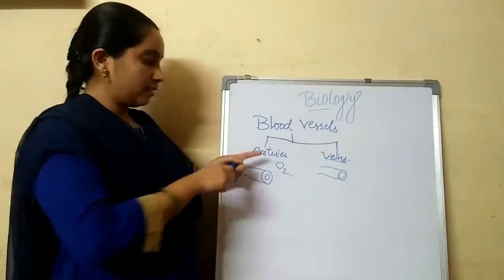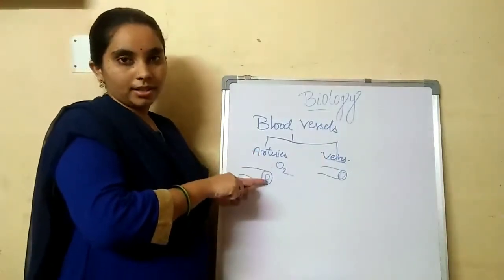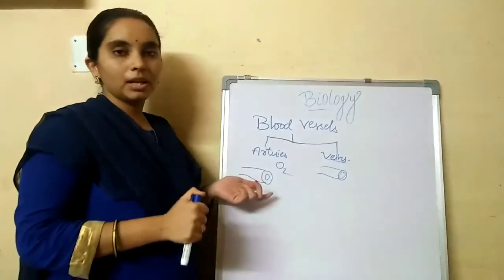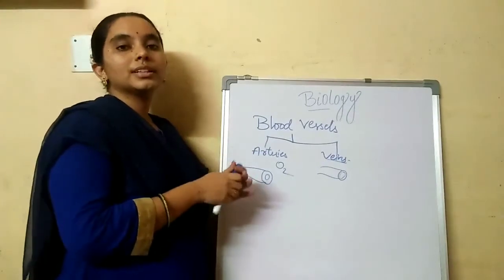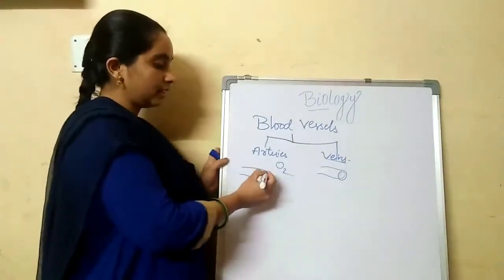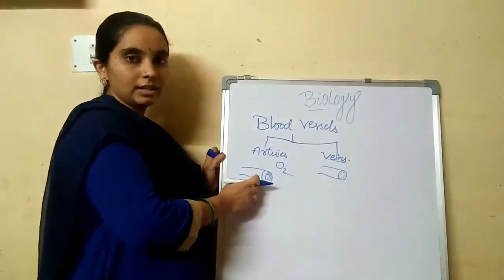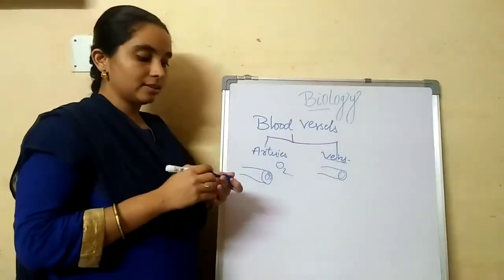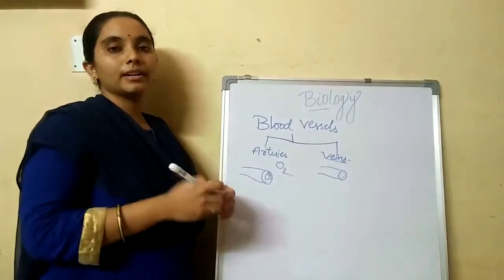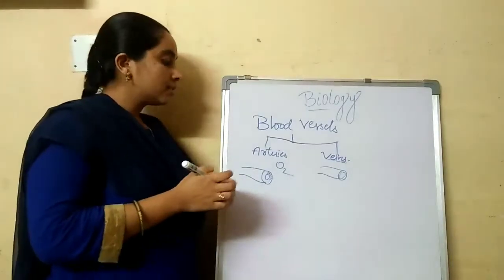When arteries carry oxygenated blood, this blood should be pure and without any contamination. Due to this, the arteries are very thick walled and the pressure here is more, because ventricles contract with some pressure and give the blood to the aorta.